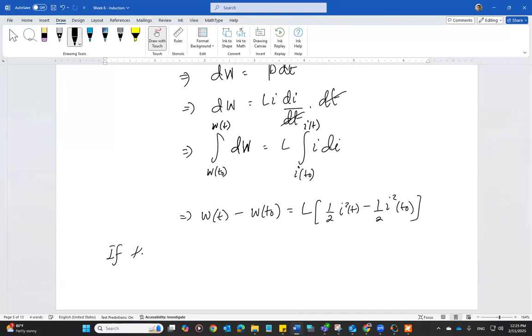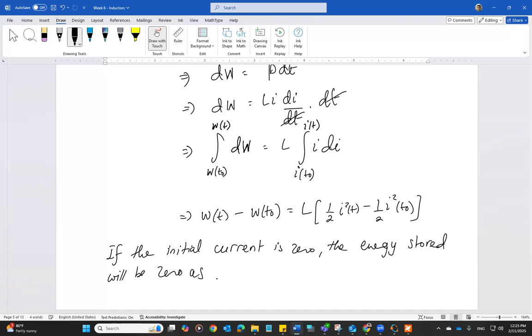If the initial current is 0, the energy stored will be 0 as well.